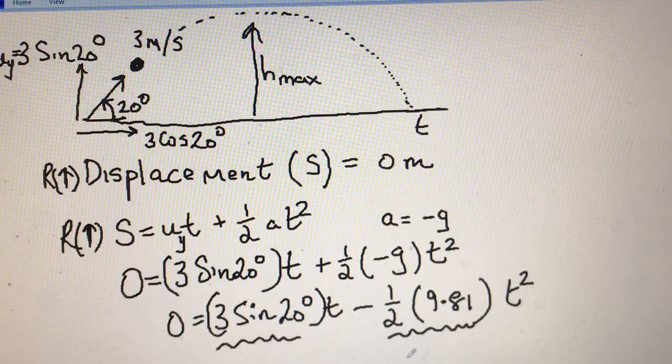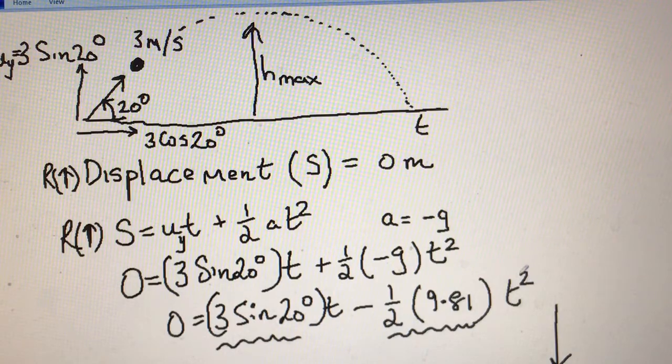The rest of it, I would like you to have a go at, and see if you can calculate the value for t. Notice there are going to be two values for t, since it's a quadratic equation.